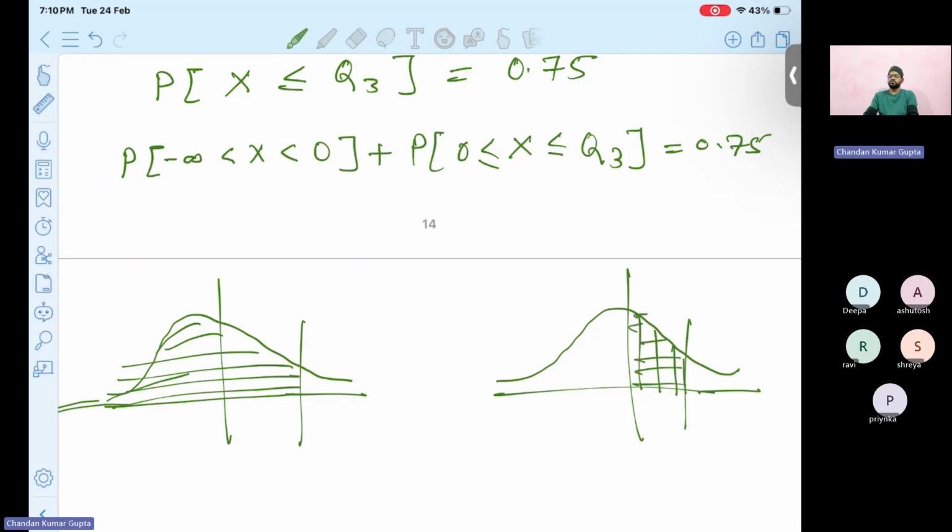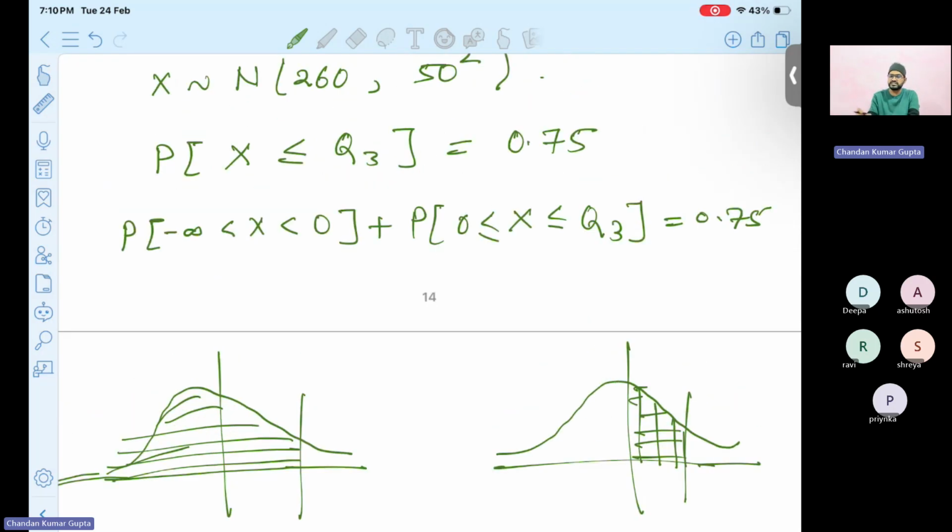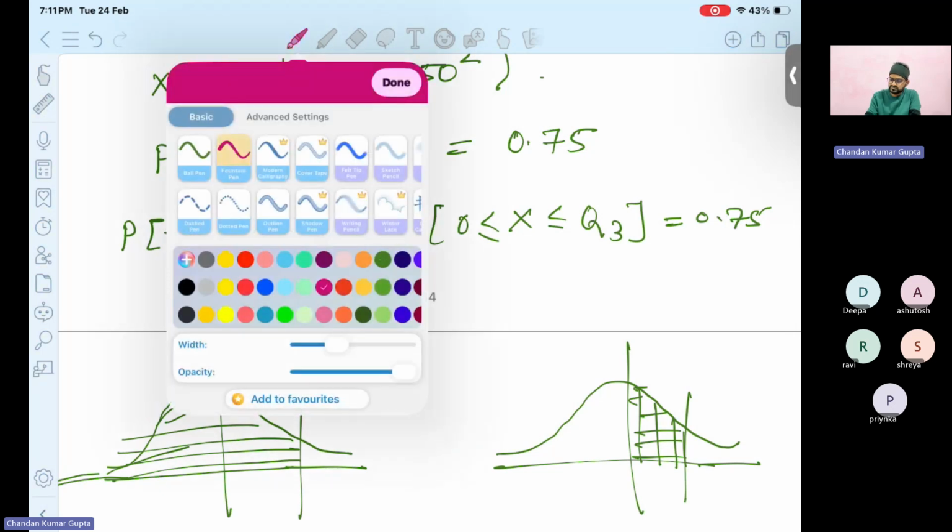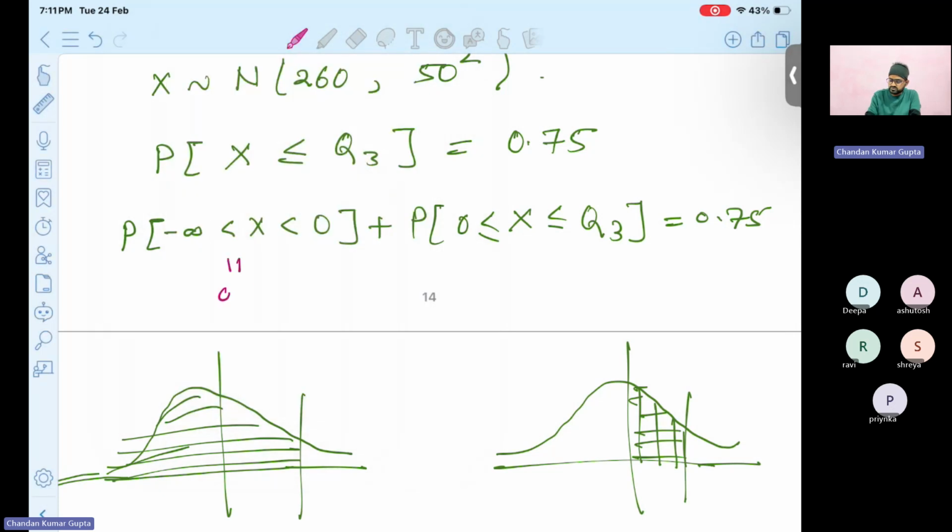So this probability that x is less than or equal to Q3 can be written in the next form. Also, you may remember this comes out to be 0.5 because of the symmetry property of the normal distribution.